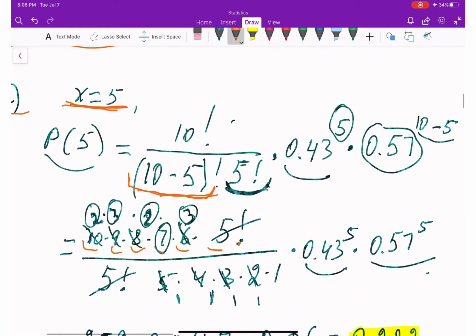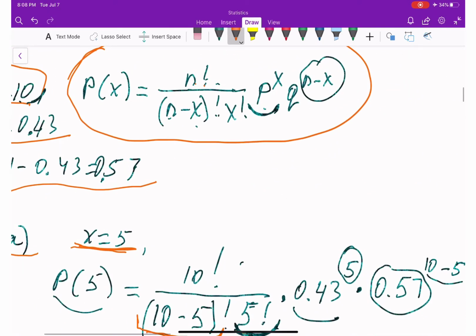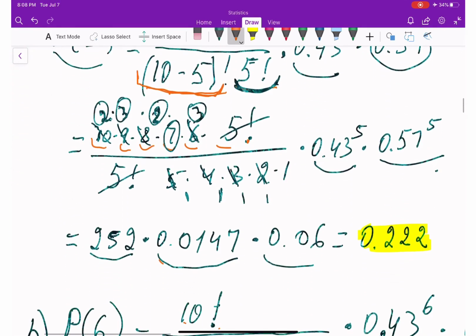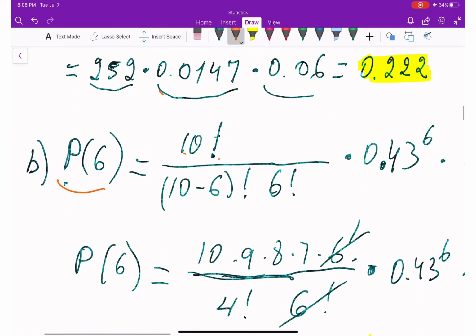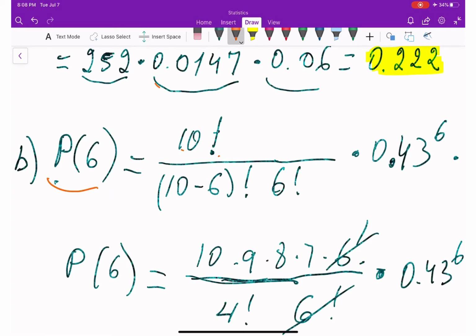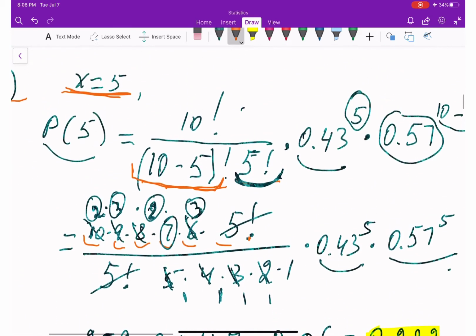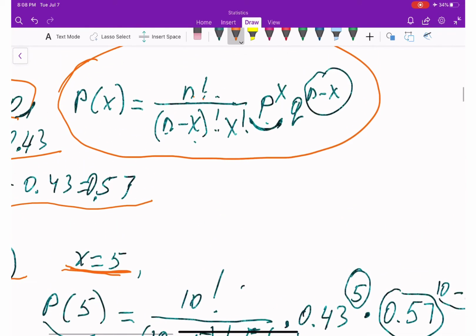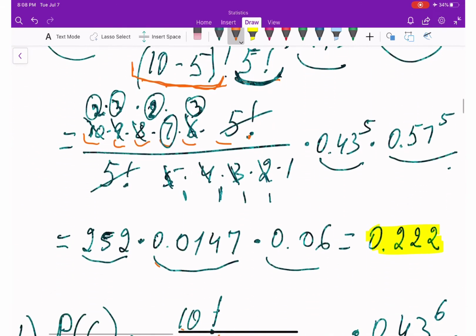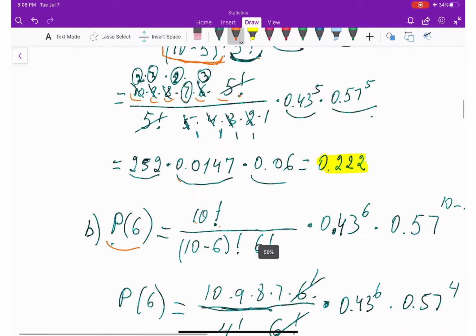Next, n minus x factorial. N is 10, x is 6. 10 minus 6 factorial. And here I'm plugging x factorial, which is going to be 6 factorial.